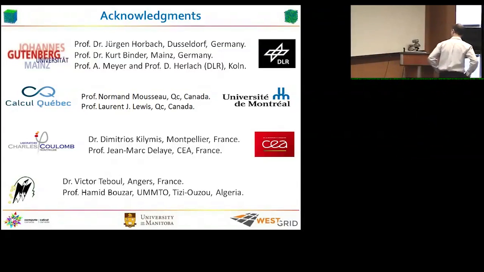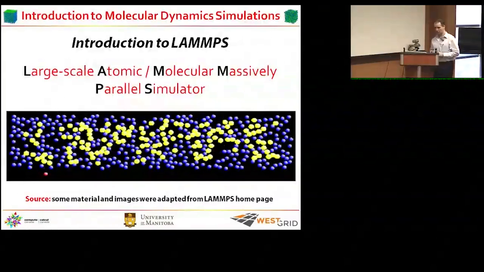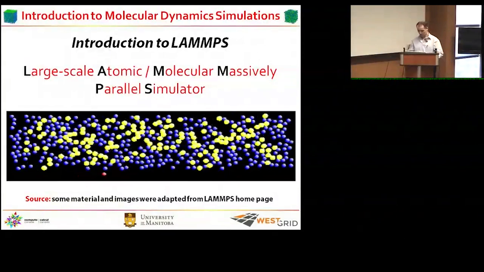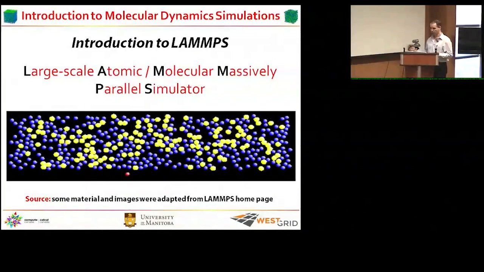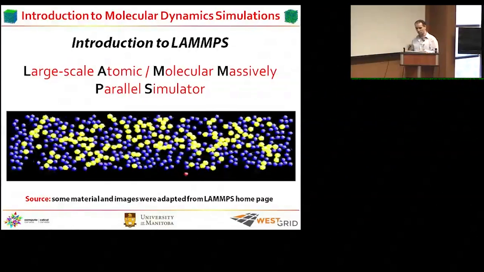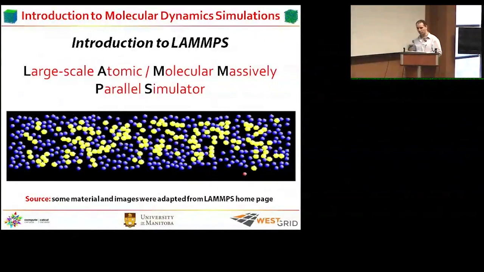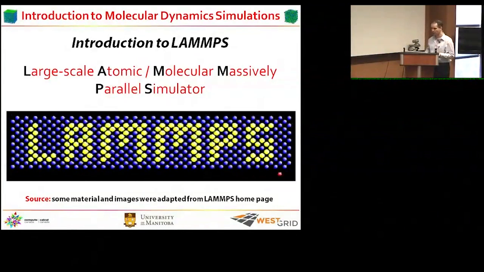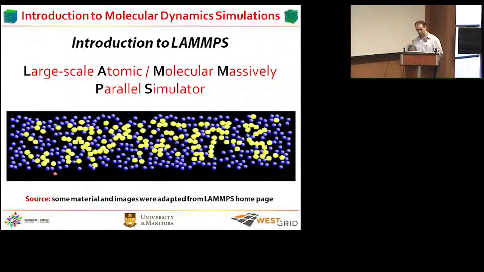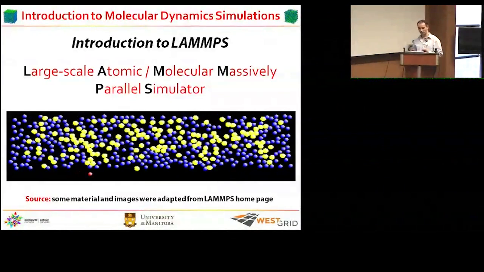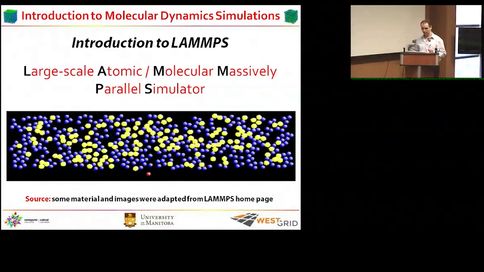So we can continue with the next topic, which is to introduce LAMMPS. So in my previous slides, I introduced MD in general, so what we need to run an MD simulation, starting from an initial configuration, initial positions, velocities, and so on.